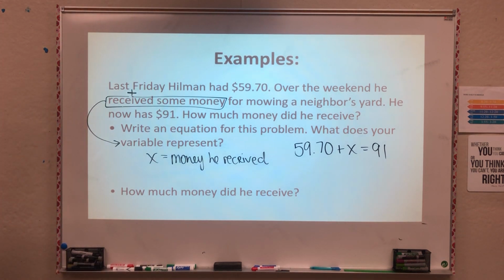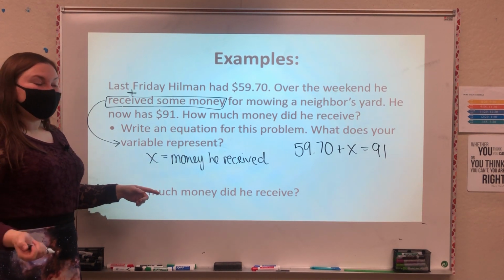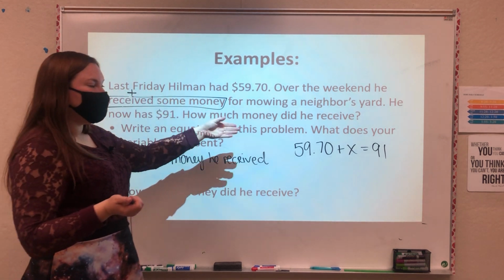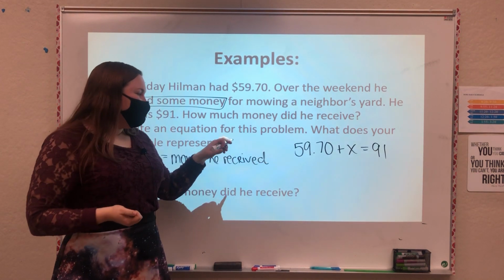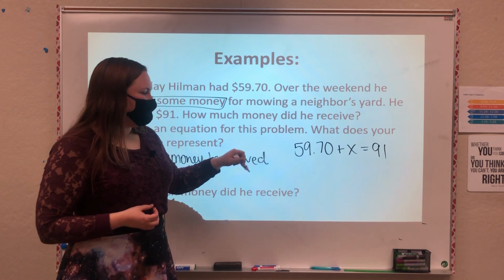That is our equation. So now to answer the question, how much money did he receive? That question is asking, what is X? So to find that, if you already know what to do, you can use that. We also have this equation here we could solve. You already told me a moment ago what we need to do. What do we need to do? Yep, subtract what?